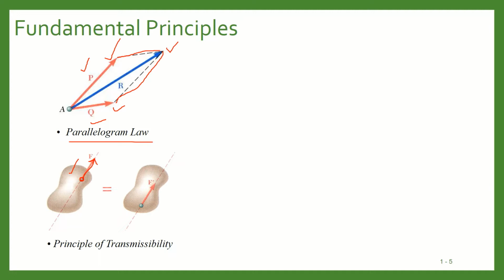It says that along this line, the line of application of the force, if you change the point of application, so here the point of application is this, now suppose you have changed the application to this point, but all other things, meaning the magnitude of the force and direction of the force, are the same, then this will have the same effect on the body. So the effect produced by this force F and this force F dash will be the same. This is called the principle of transmissibility.